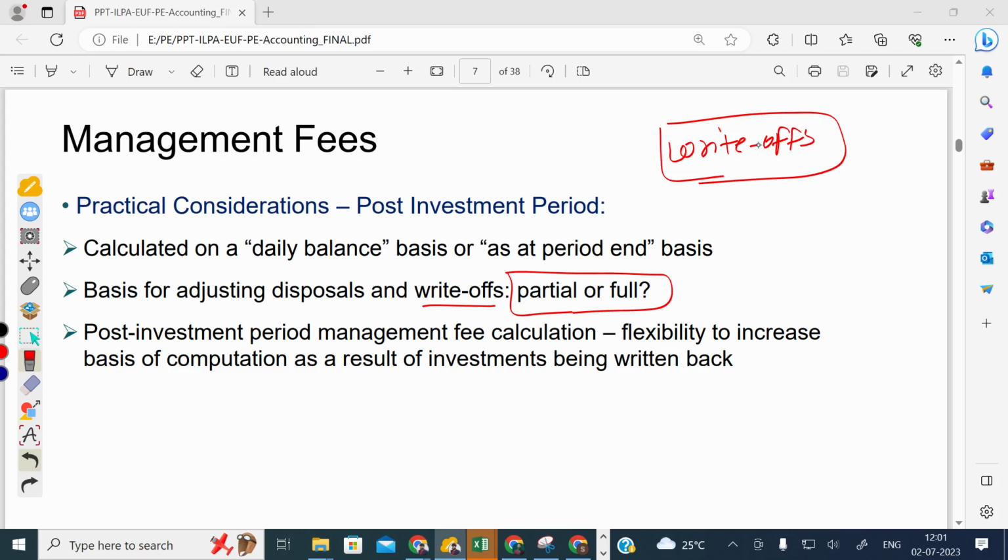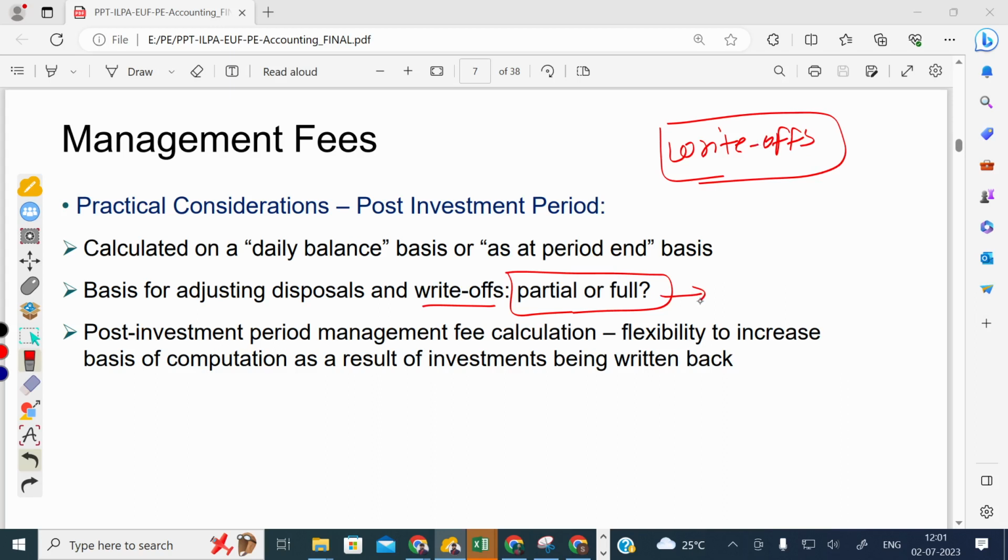Yes, Shiraj, what do you understand about write-offs? Write-off means we will not be realizing the value, hence it would be written off to the fund. It means charged back to the fund, just like a bad debt kind of scenario, right?